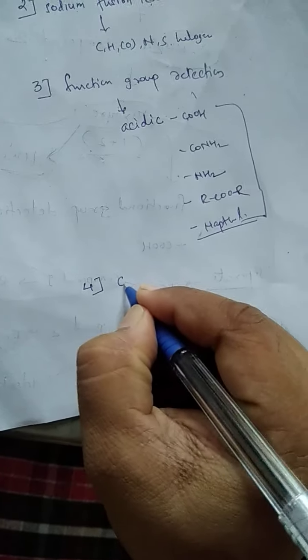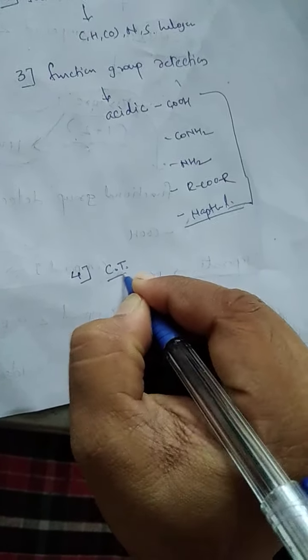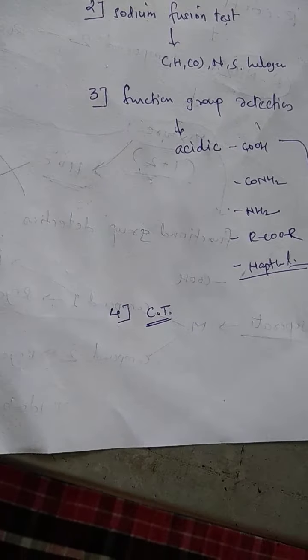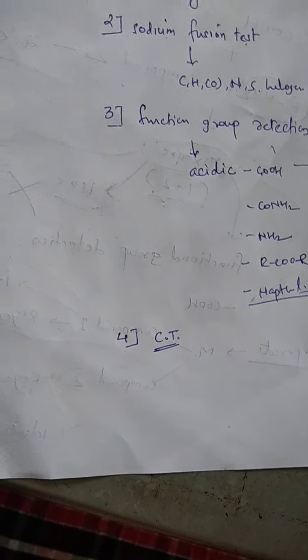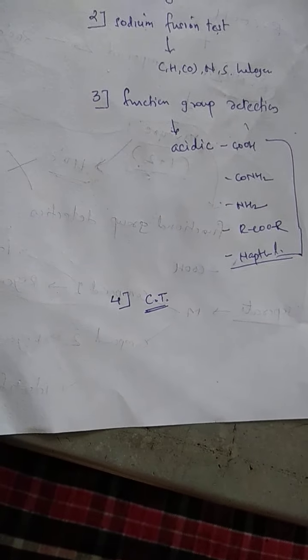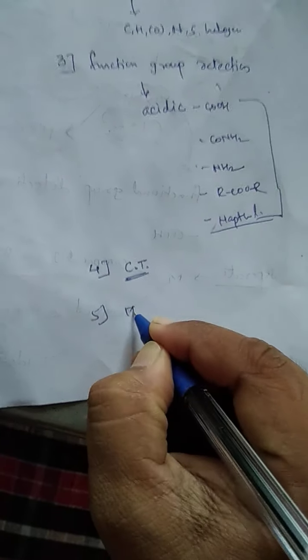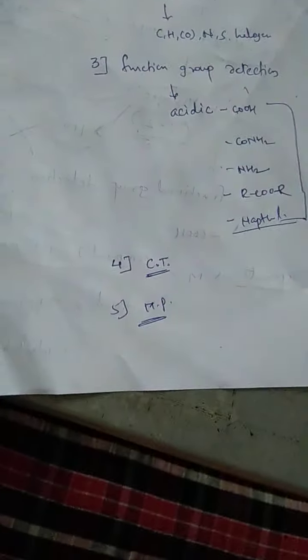Finally you have to go for the confirmatory test. You have to confirm that your compound, if benzoic acid is present, you have to go for the confirmatory test for benzoic acid, so that you confirm that it is benzoic acid. Finally, melting point.